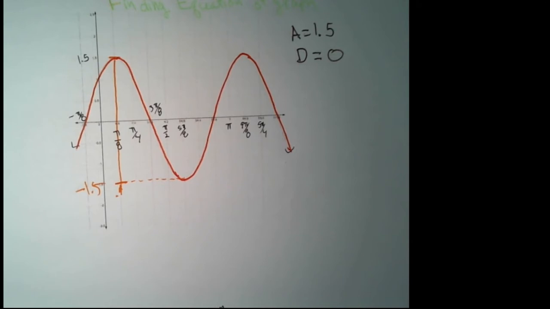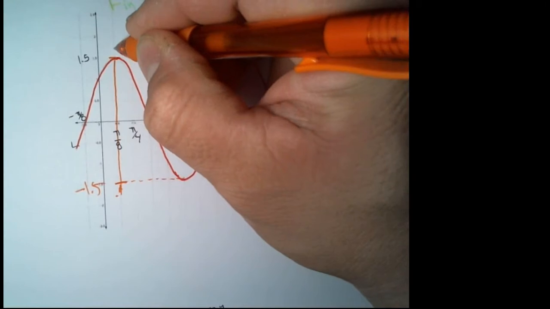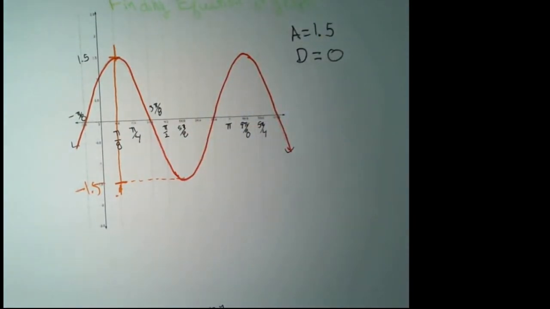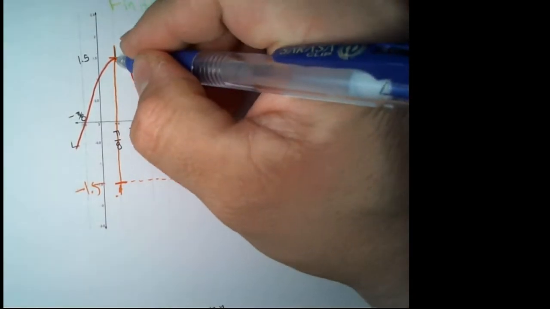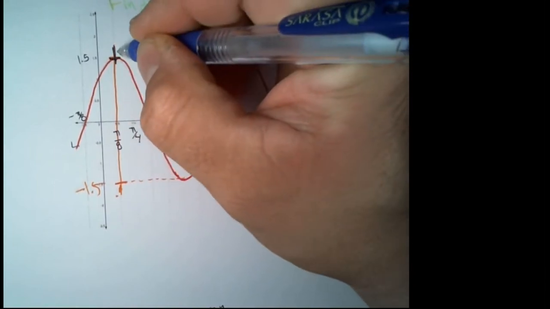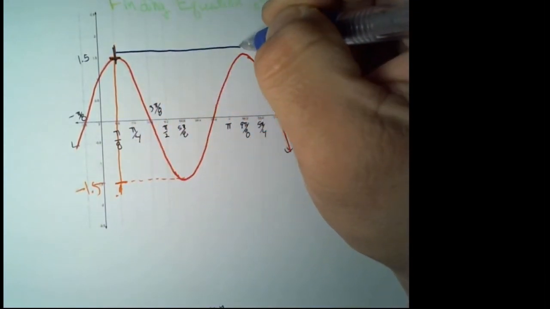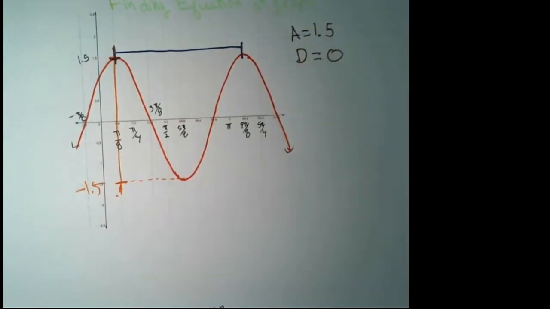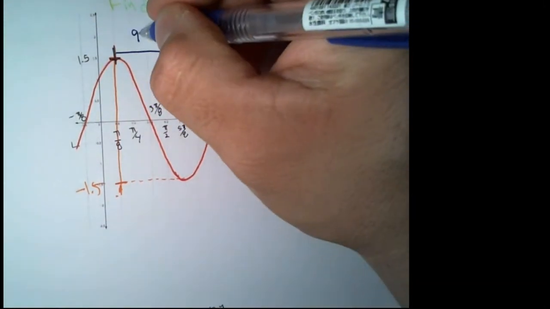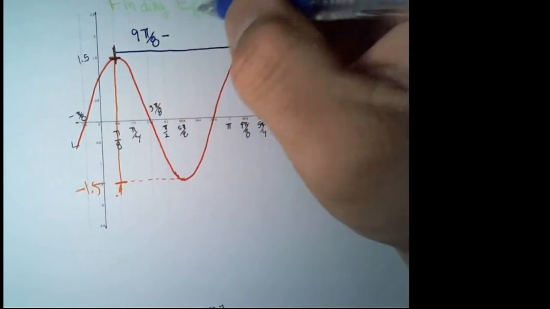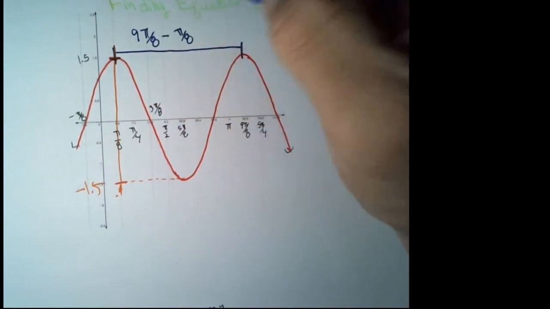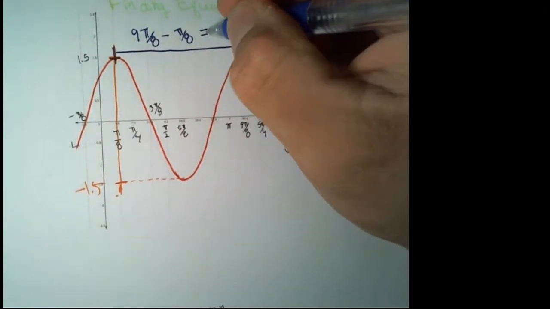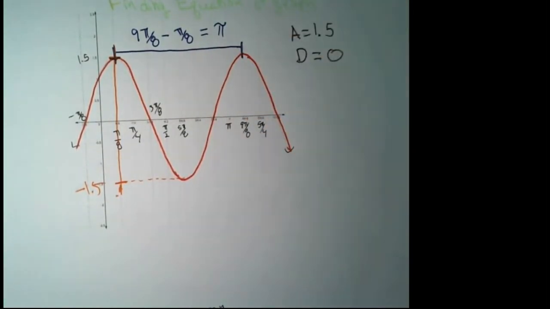One way to measure the period is to go from the max to the next time it achieves the max, and that is 9 pi over 8 minus pi over 8. The difference in x gives me 8 pi over 8, which is pi.